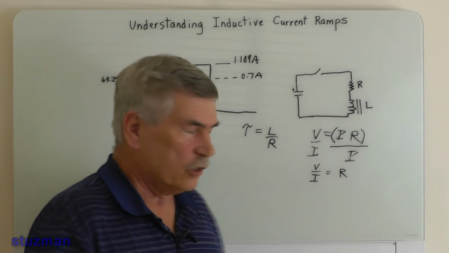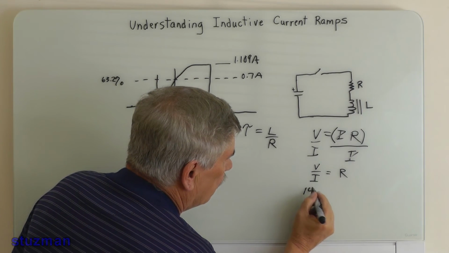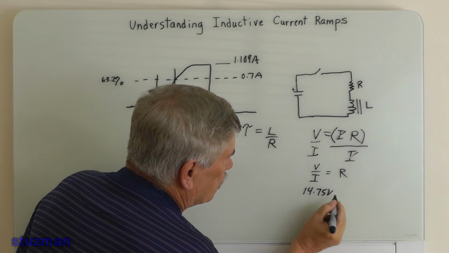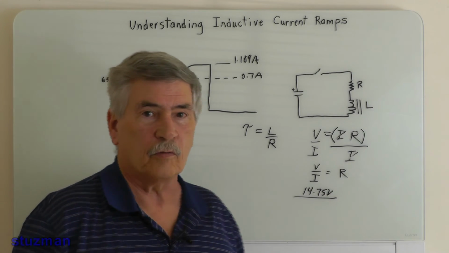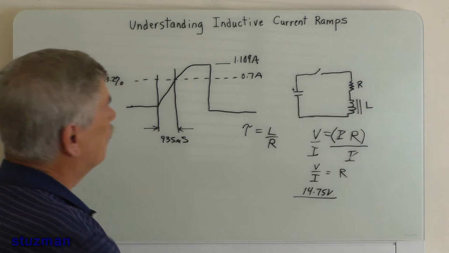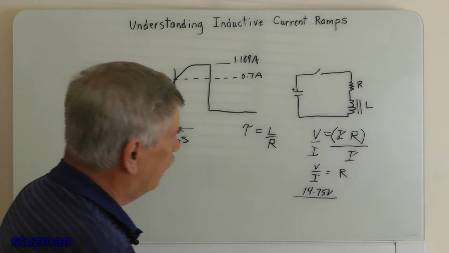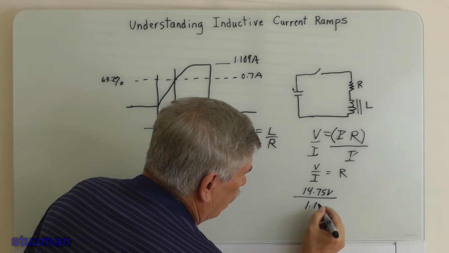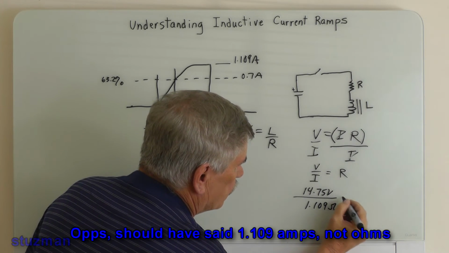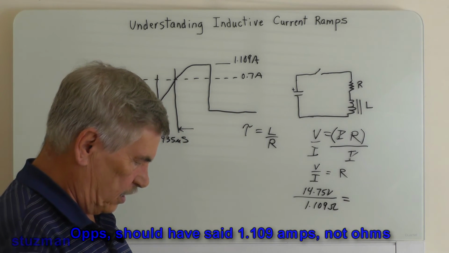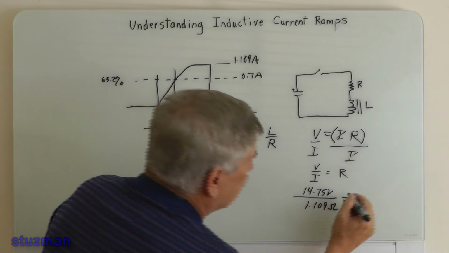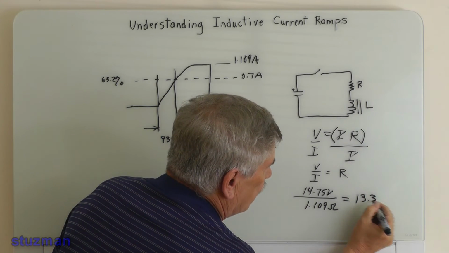Okay, you remember that voltage? That was 14.75 volts. Well, what was my current? What was my max current? Well, we already knew that. That was 1.109. So now I got 1.109 ohms. Okay, so let's see. Work that out. I've got 13.3 ohms.